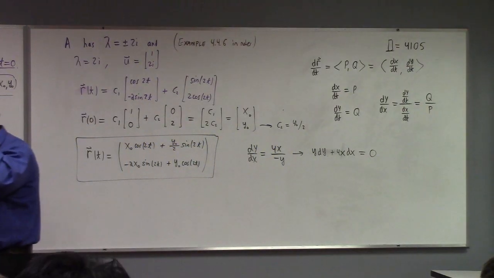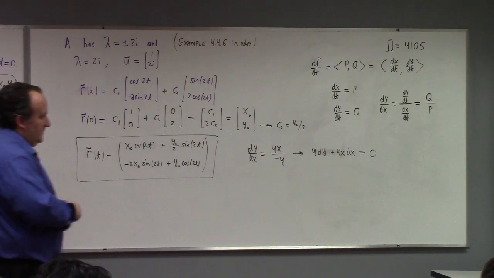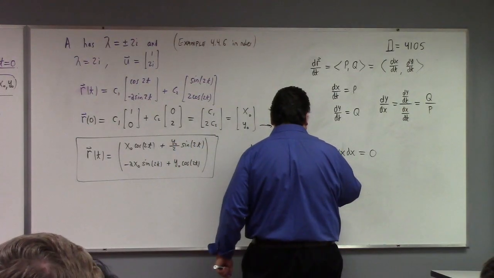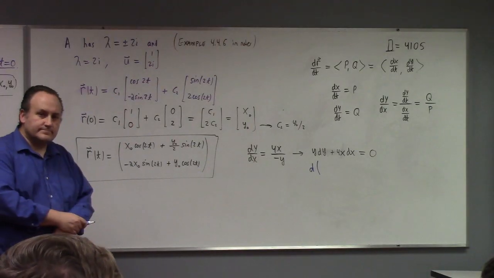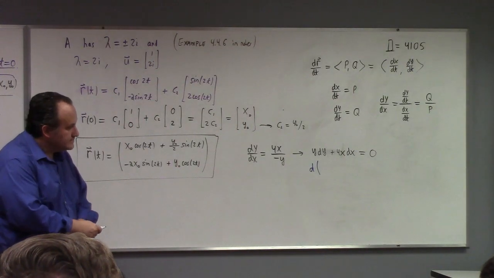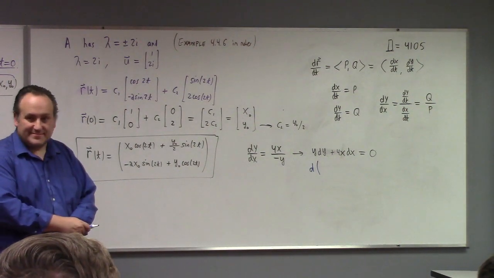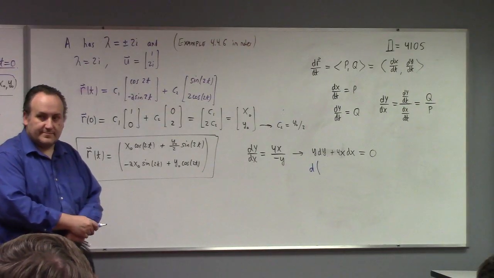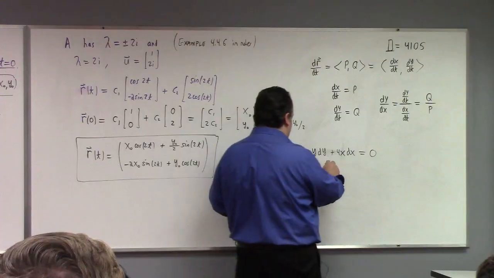Actually, forget about separation of variables here. I'm just going to do exact equations. Because if you look at that, you can easily go, this is just the differential of what? How about 1/2 y squared?